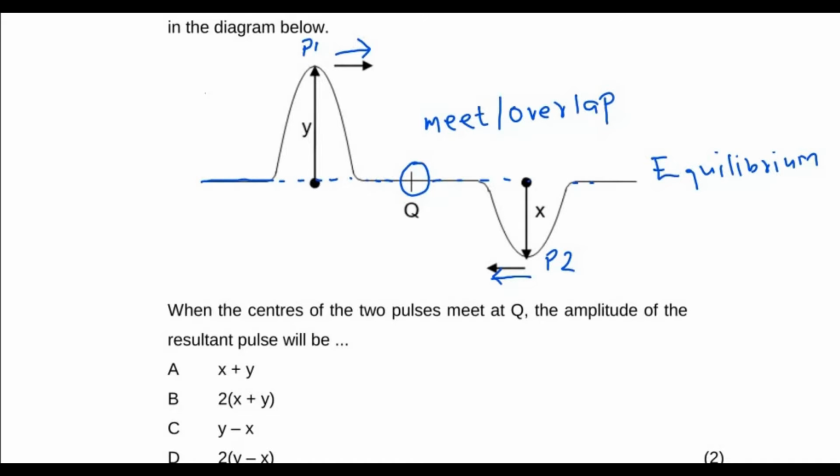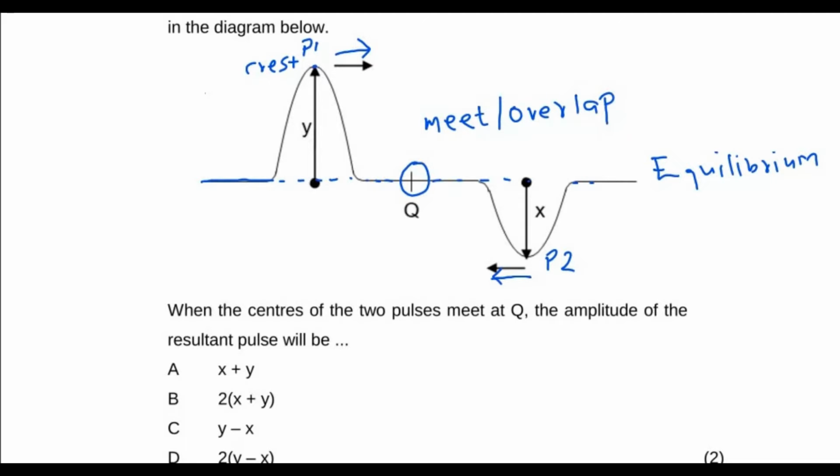So we have a disturbance here, that's P1 or pulse 1. We also have another disturbance here. So also note that the displacement from equilibrium to this highest point there, this highest point also has a name. We call it a crest.